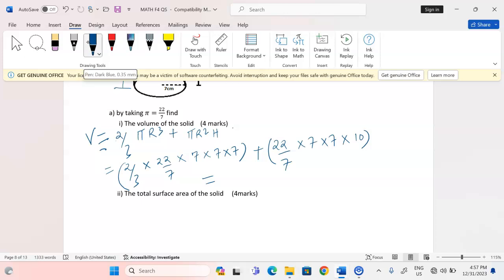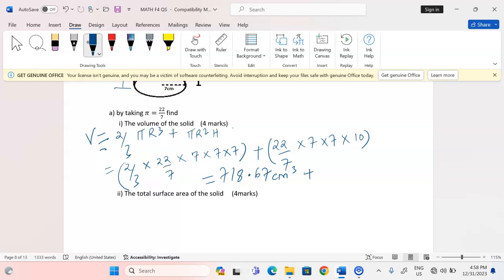With this, I can do the multiplication, whereby I take 2 multiplied by 2 multiplied by 7 cubed. Then I divide by, when I take 3 by 7, I'm getting 21. So this is going to be 718.67 cubic centimeters, because it's volume.